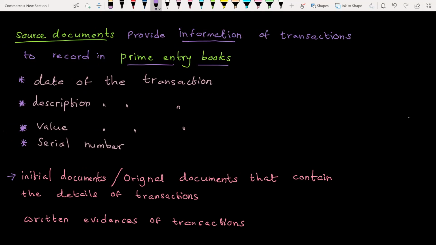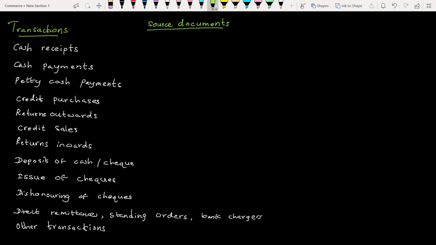And also, these are written evidences of transactions. Therefore, source documents play an important role in the process of accounting. Remember, there are different source documents depending on the different types of transactions. So let's go through some of the main transactions and their relevant source documents.